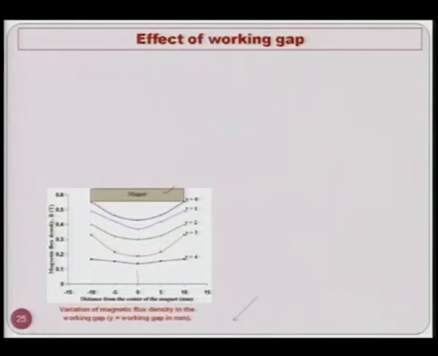The important point to note is that the highest magnetic flux density is obtained when the gap between the magnet and the surface where you are measuring the flux density is 0, and as that distance increases, the value of the flux density decreases. It is minimum in this case at 4 millimeter and maximum at 0 millimeter.